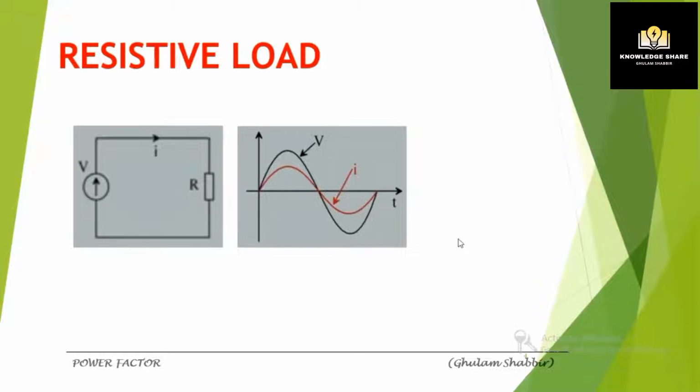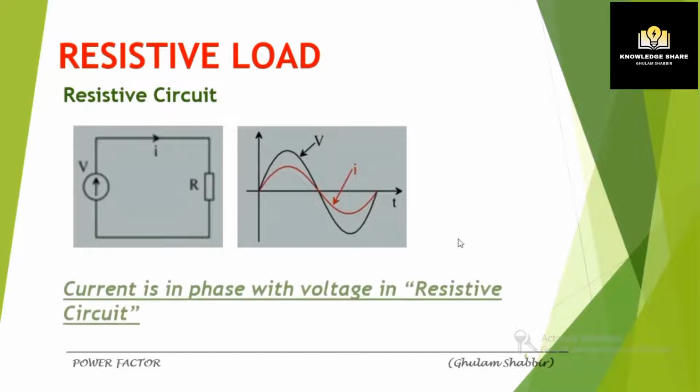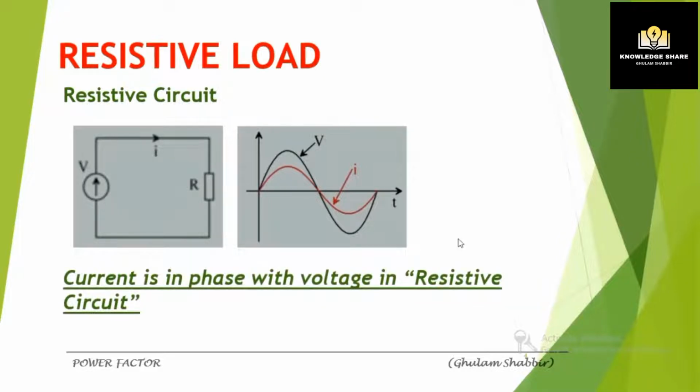The red curve, as you see, is the current wave shape. So for a resistive load, that is simple. The current is always in phase with the voltage in the resistive load.